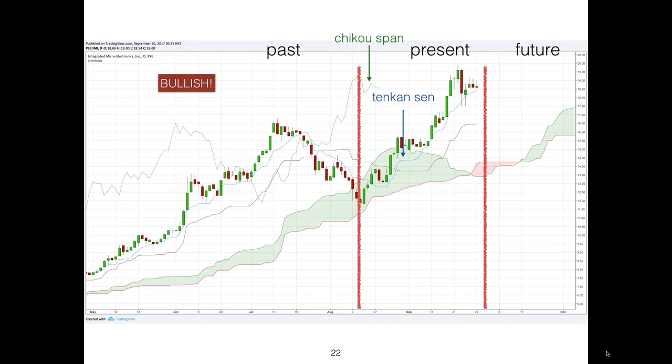It compares current prices with respect to the equilibrium in the past 9 periods. This is the Kijun-sen line. It compares current price with the past 26 periods. The Kumo tells you the direction of prices in the future. So this makes Ichimoku the only indicator that is both lagging and leading at the same time.